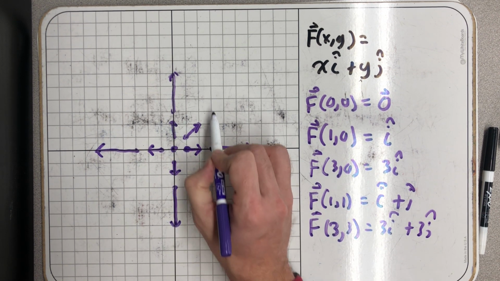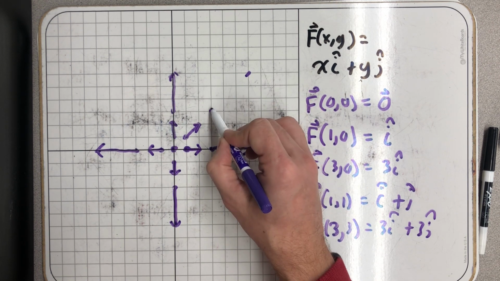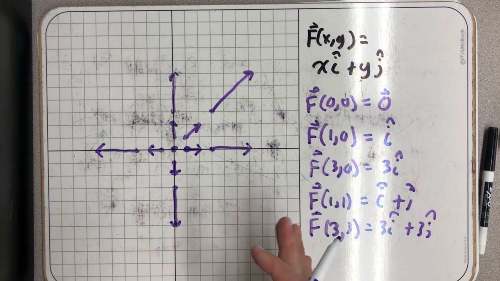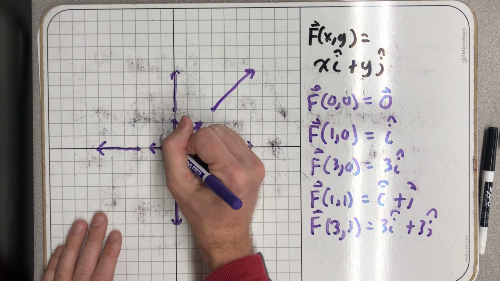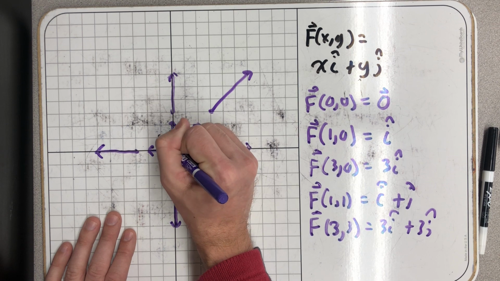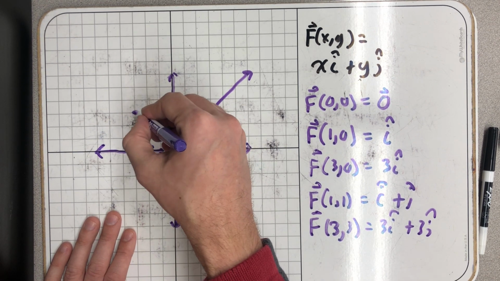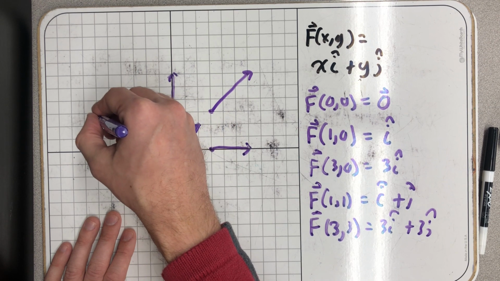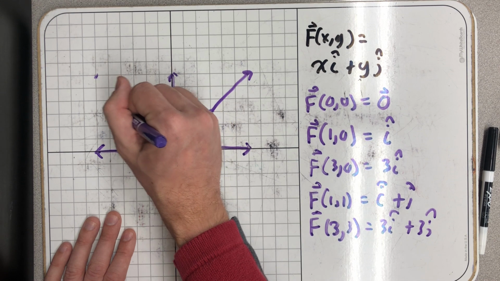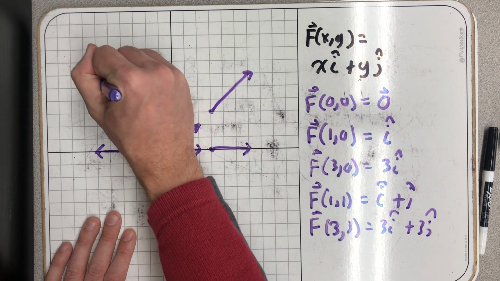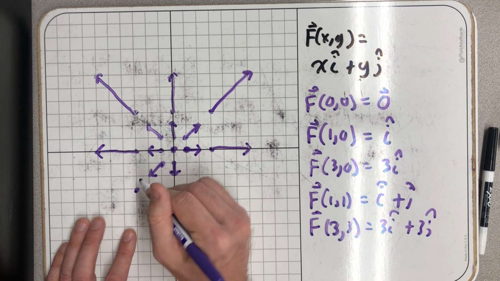So 3 by 3. And then x and y are going to change signs as I go through the quadrants, so I understand what will happen in each of those. I'm picking points so that my vectors don't lie right on top of each other, to make them easier to see. Every point in the plane would be assigned a vector by this process. There's nothing really special about the ones I'm choosing, other than the fact they're just the ones I happen to be choosing.